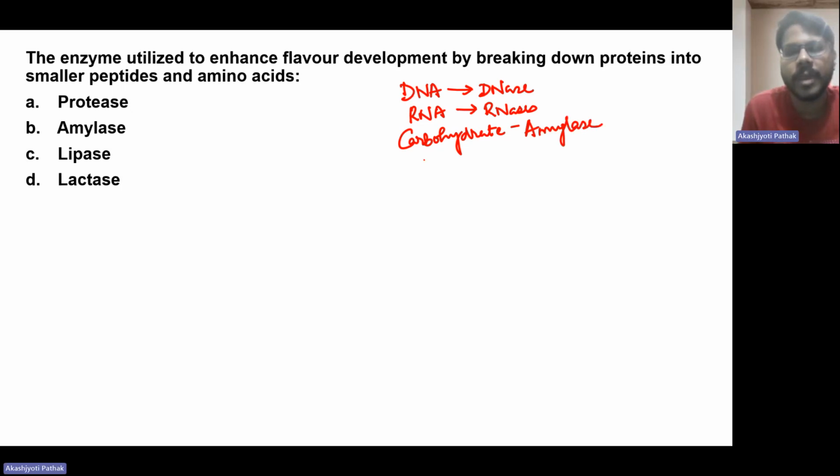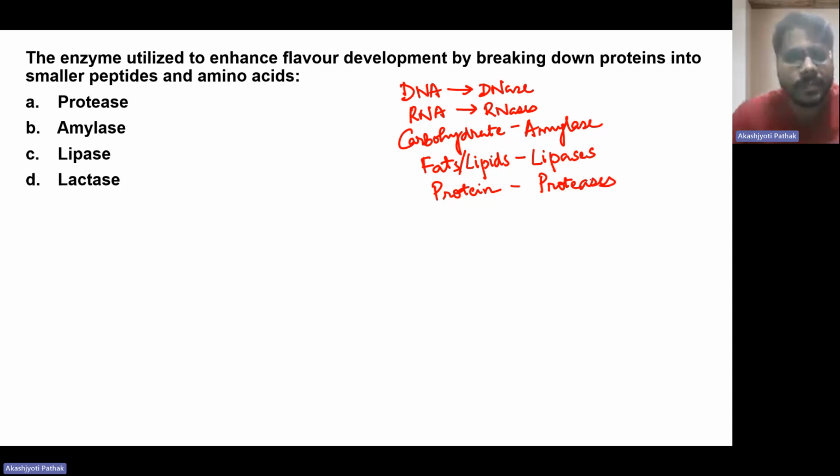For breaking down fats or lipids, the enzymes used are lipases, isn't it? And for proteins, the enzymes are proteases. This is basic biology and you all know about this.